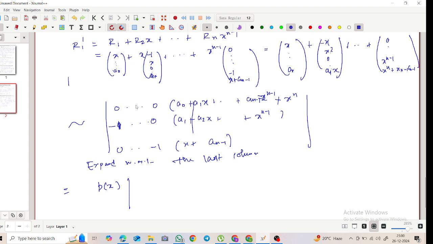So this will be cancelled out, only this matrix will remain like the cofactor, okay? So you basically get minus 1 to the power n minus 1 into px, which is nothing but px.